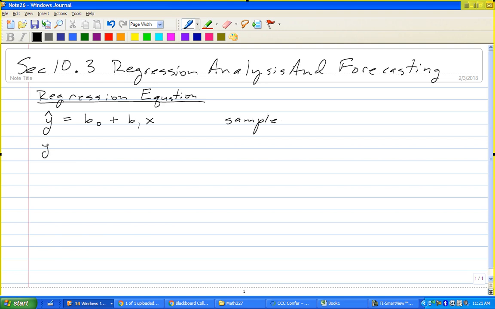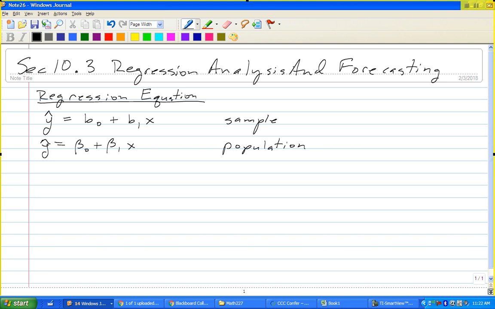And y equals mx plus b for the population. Okay. And so this is the line that best fits the data. It minimizes the squares of the error. It is the least square regression line.